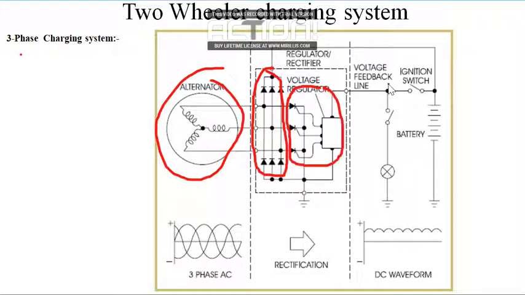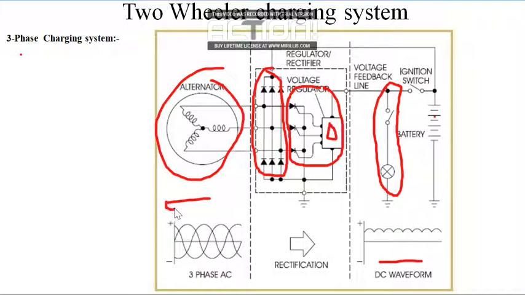This is your load, which is attached parallel to the battery as well as parallel to the alternator. The regulator, that Zener diode, is also attached parallel to the battery and the alternator. The center unit is called the RR unit. This is our load, the battery, and the other load which runs only on DC supply. This is an alternator which only develops AC power.